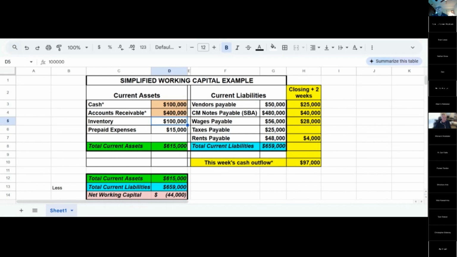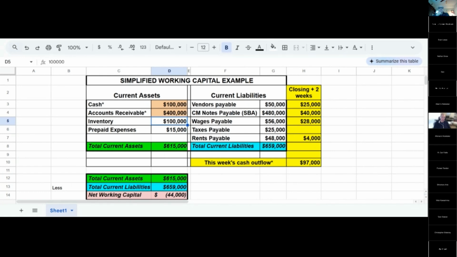Dick, you may have a thought on that as well. Yeah, and another thing to keep in mind is that this is assuming that there's no additional business coming in. So if you're doing $100,000 a week in business, and you collect the $100,000 in receivables this week, you may have that replaced next week by the additional work that you did.